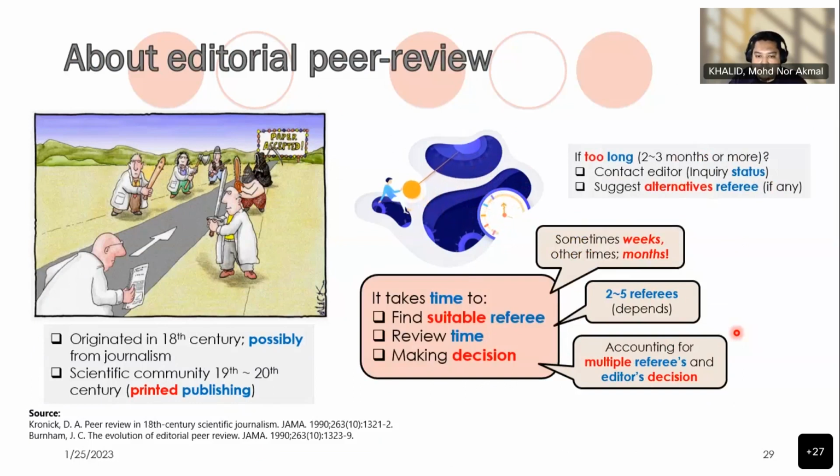And then, if you feel that your publication takes too long, it's good for you to contact the editor to inquire about the status of the publication. Even better, before you submit, even if you don't know whether the journal is suitable for your publication, you can contact the editor or the assistant editor to ask about the scope, whether your current publication is good to be published in this journal.